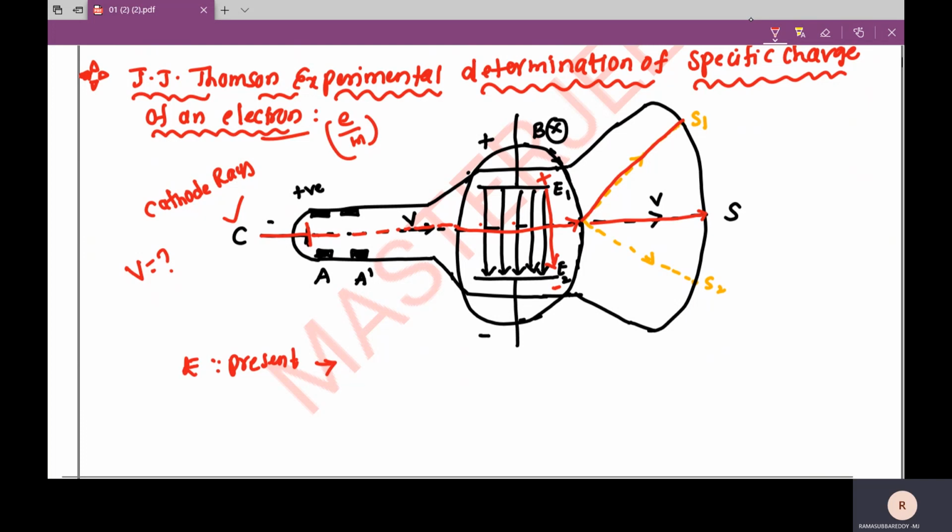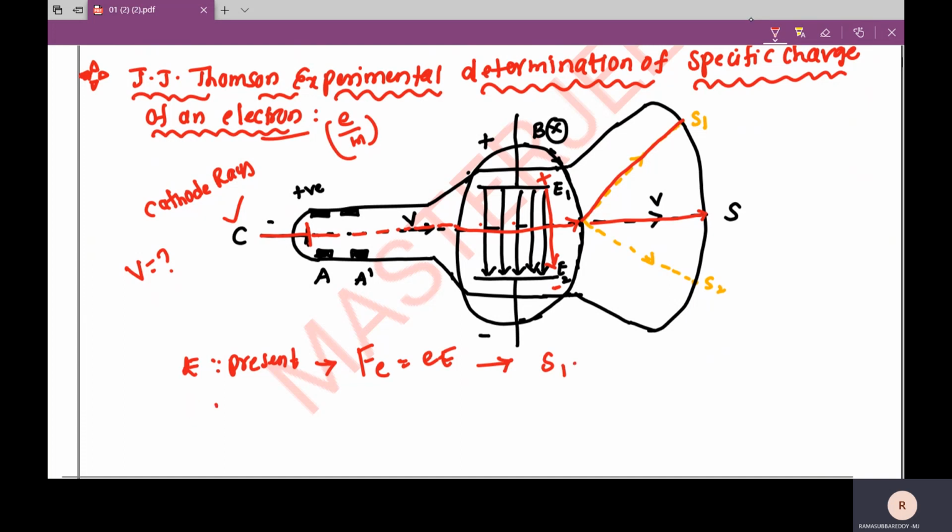Then what is the force when the electric field is present? We have the electric force Fe equal to eE, and it is deflected to the point S1.